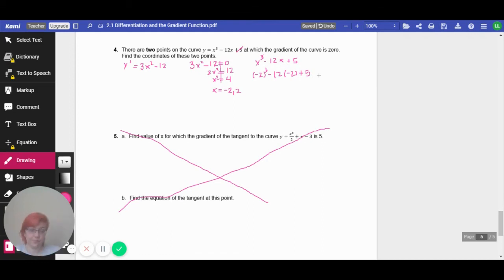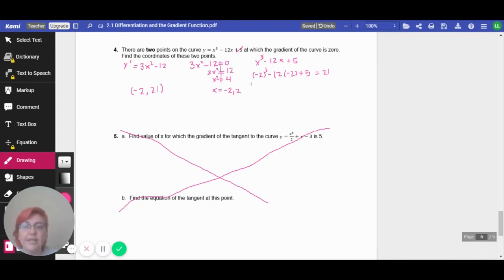All right. Negative 2 cubed minus 12 times negative 2 plus 5. 21. So my first point is negative 2, 21, and at that point, the gradient of the curve is 0.